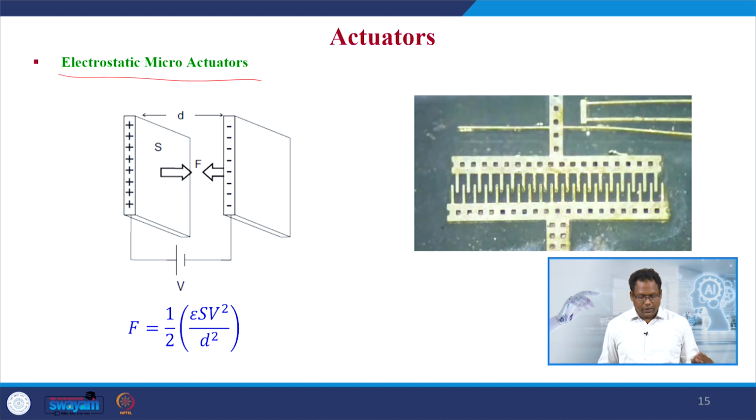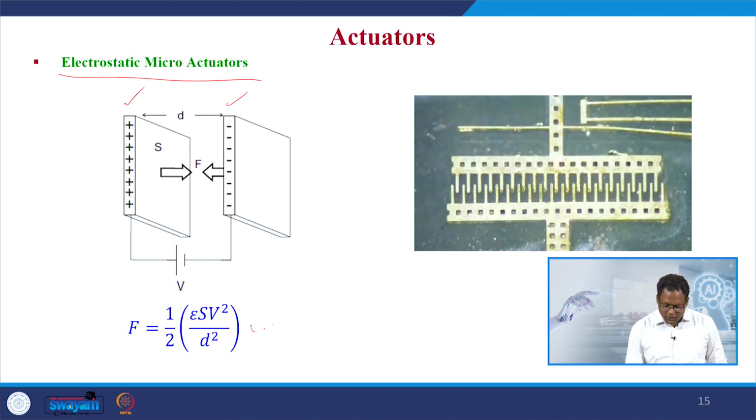Because of applying potential across these two parallel plates, opposite charges are induced in the two electrodes in such a way that the electric potential causes the two plates to try to come together.